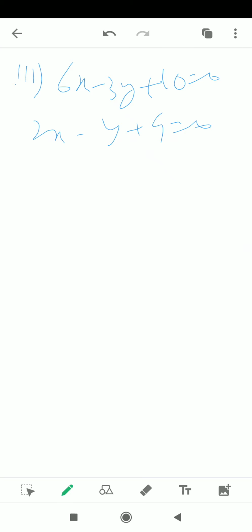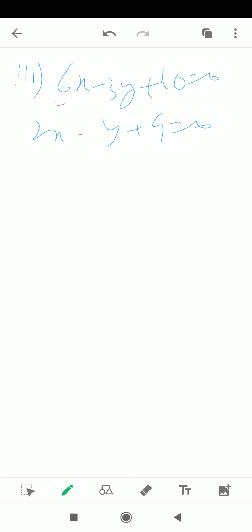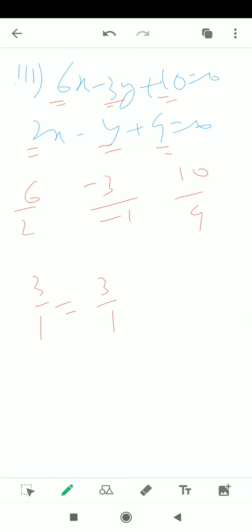This is a1, b1, c1, a2, b2, c2. So 6 by 2, minus 3 by minus 1, and 10 by 9. Here 6 by 2 is 3 by 1 only. This is also 3 by 1, both are equal, and this will be not equal to 10 by 9.